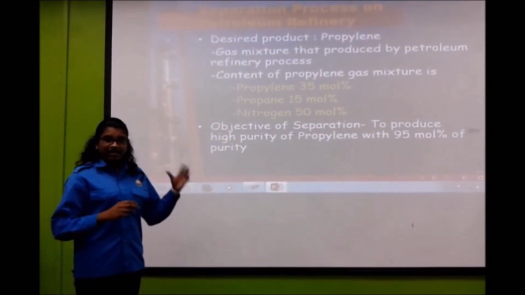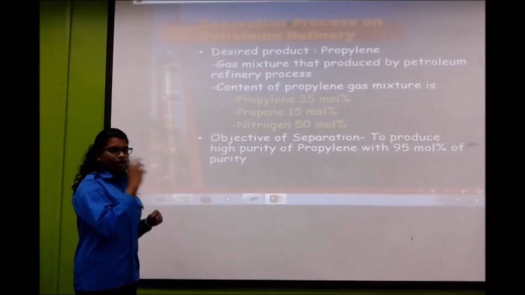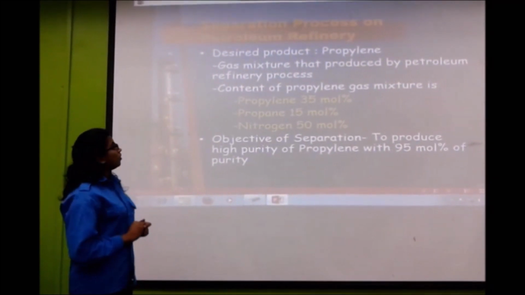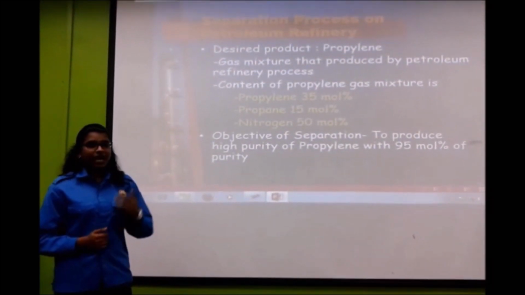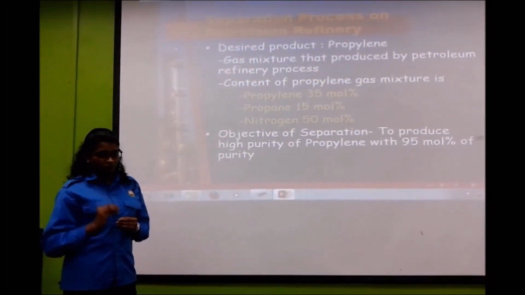A crude oil will enter the main system as feedstock and it will obtain a product of propylene gas mixture. In this separation process, our desired product is propylene with 95% purity.